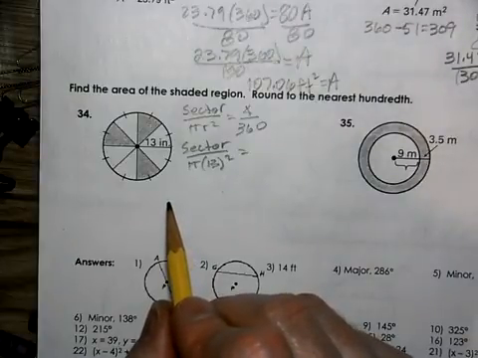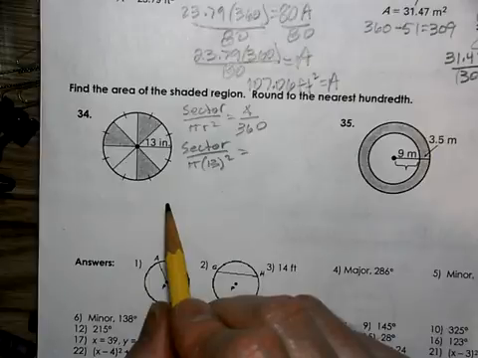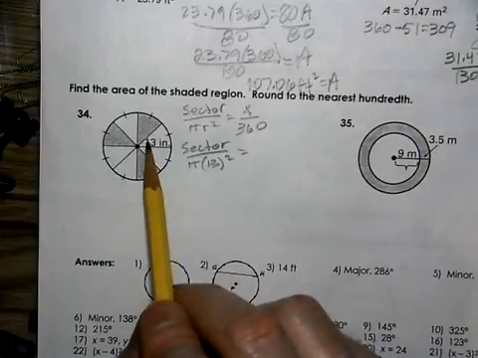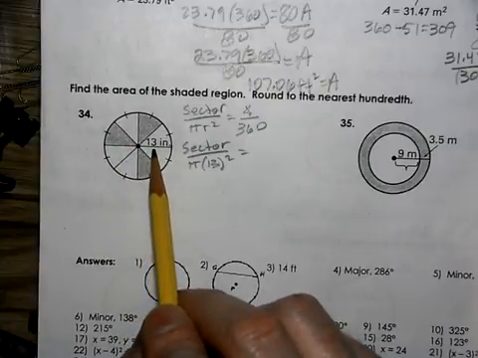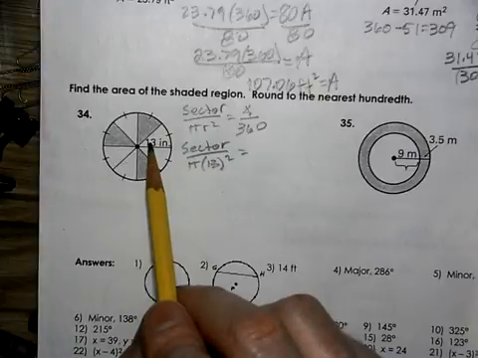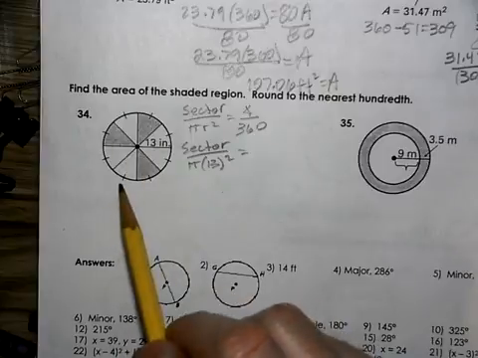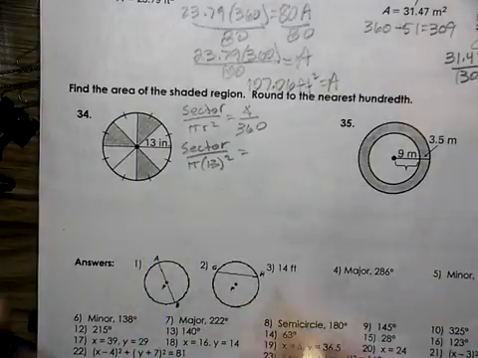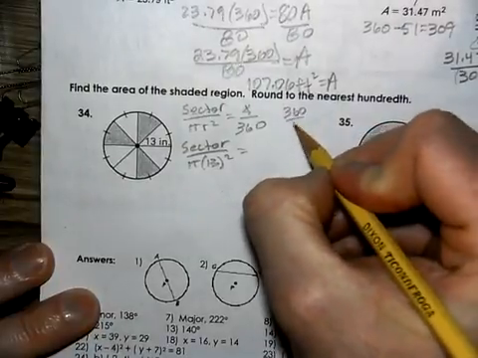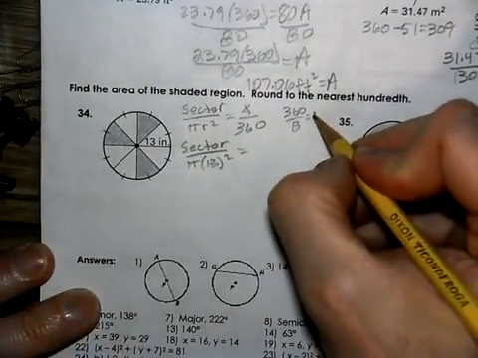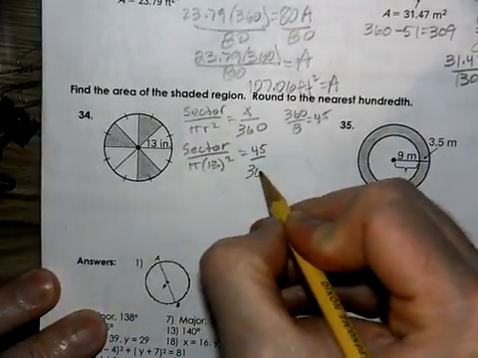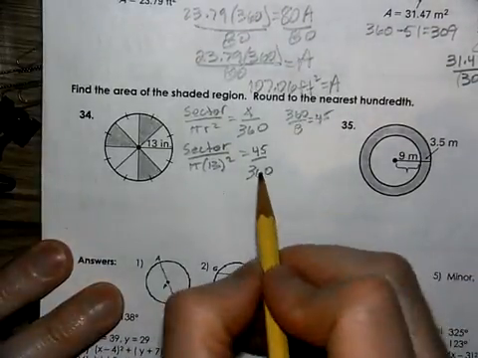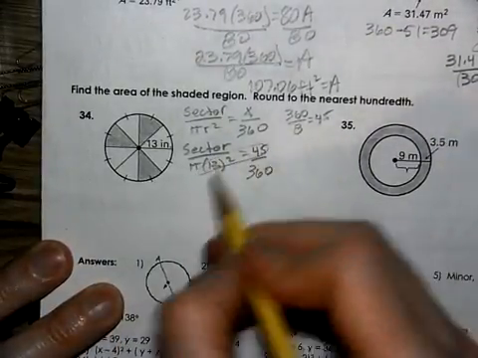Now, for us to figure out what the angle is, we're taking 360 and breaking that into 8 equal pieces. When we break that, we get 45. Now we're going to solve for the sector area.